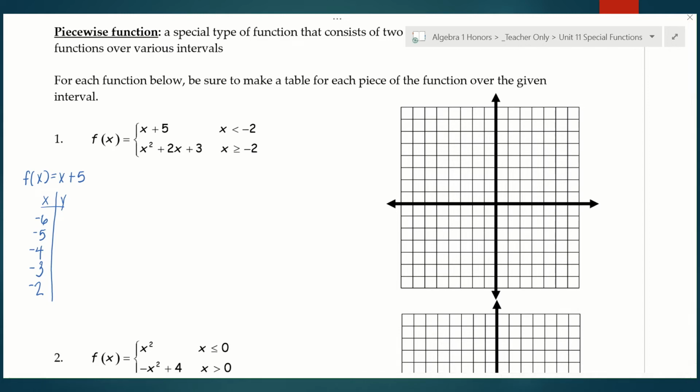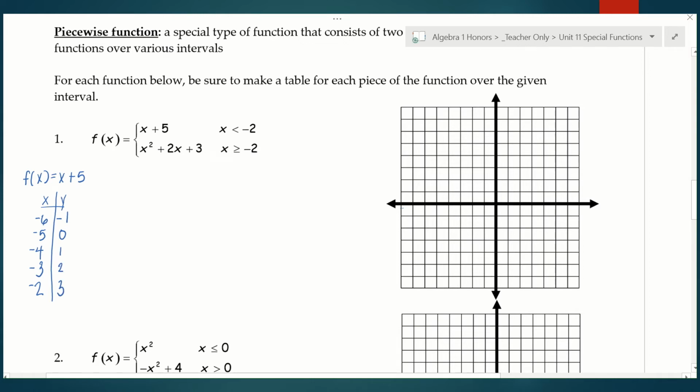I'm just choosing -6 as, I think, what does our graph go to? 1, 2, 3, 4, 5, 6. I could have gone to -8, but that's not really necessary. Okay, so let's copy that table down.